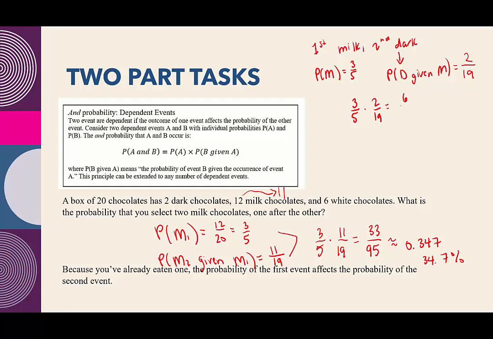Still can't simplify. We get 6 out of 95. This one's a lot less likely. 6 out of 95, we get 0.063-ish, roughly.